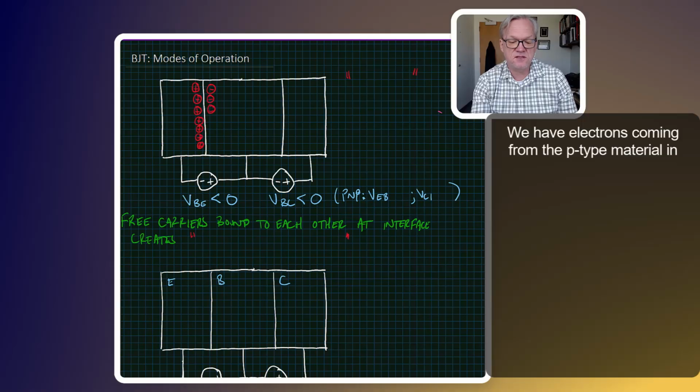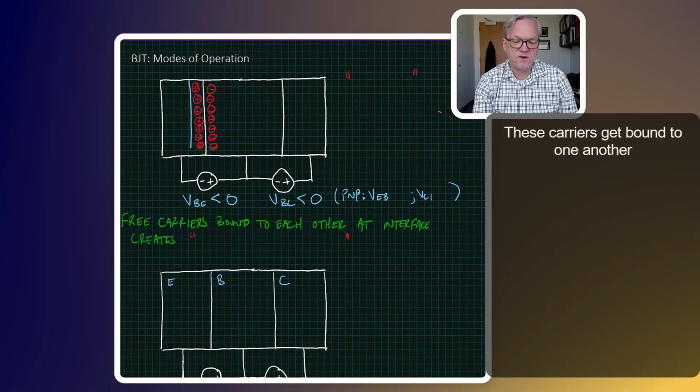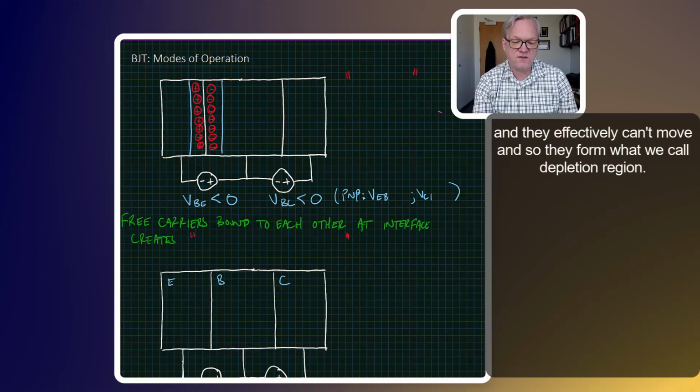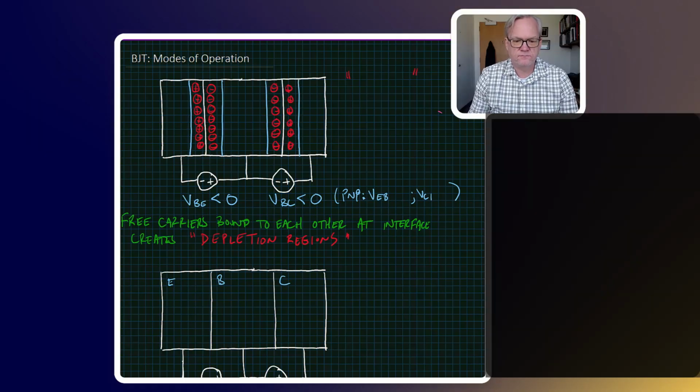We have electrons coming from the P-type material in the base. These carriers get bound to one another, and they effectively can't move, and so they form what we call depletion regions. Now, this also happens at the interface between the base and the collector.